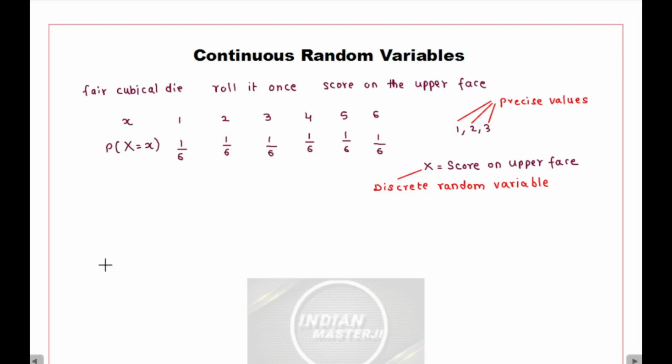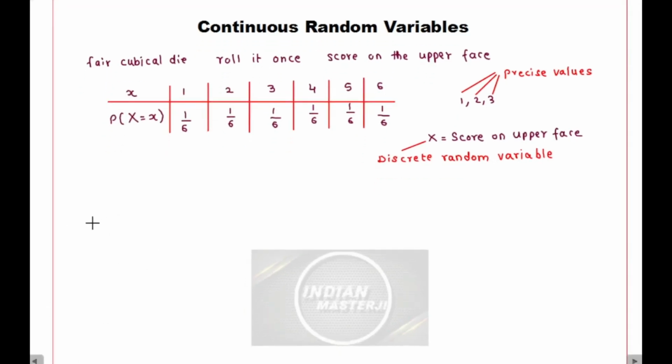So in turn, what we have tabulated here is the probability distribution for the discrete random variable X. So any discrete random variable can have its own probability distribution table like this.